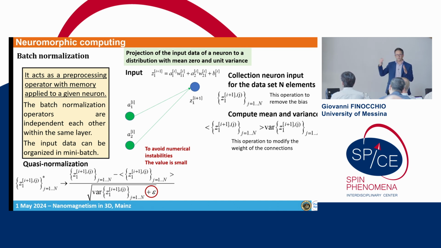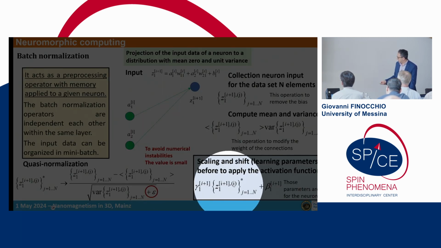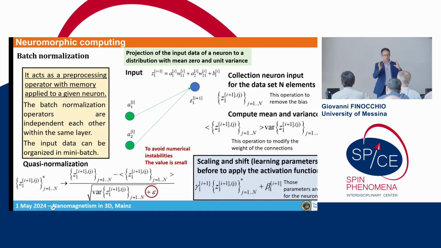You remove the average, and you convert this distribution of data to have unit variance. And in this batch normalization neuron, you have two parameters which have to be trained. One is a scaling parameter here, and one is a shifting parameter. So you do this operation, and then you have 2 additional parameters for training.